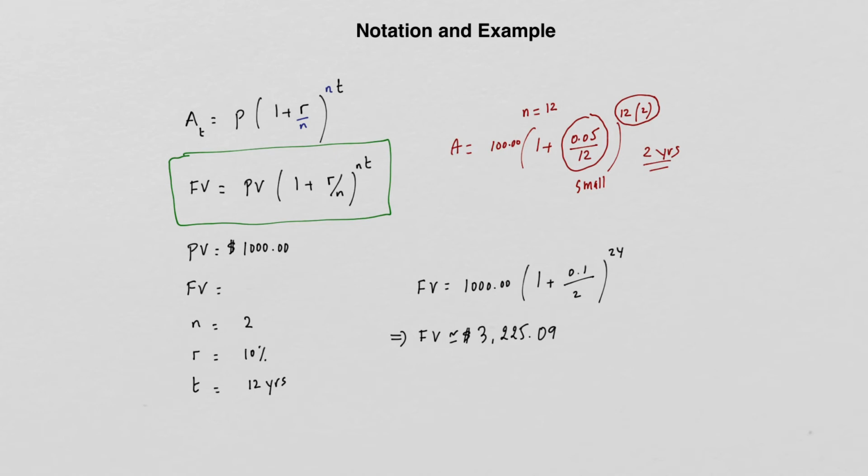Because how many months are in 2 years? There are 24 months, and hence you multiply n by t to tell you the number of months. If I compound every day, that means n is 365, which makes the ratio so tiny. However, you're going to multiply 2 years by 365, which tells you the number of days you are compounding.